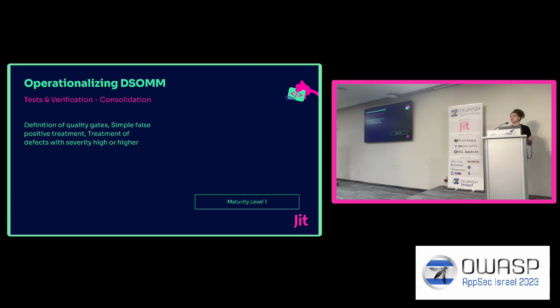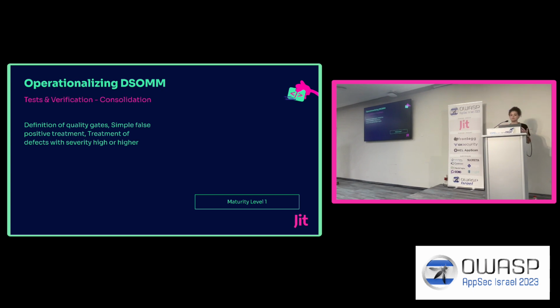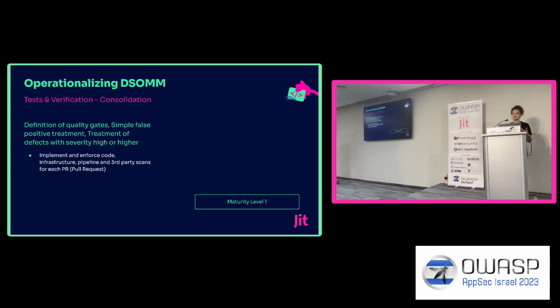The next subdimension is consolidation. Now, I really like this subdimension because it feels like it's bringing it all together. So let's look at the levels here. For maturity level 1, we have definition of quality gates, simple false positive treatment, and treatment of defects with severity high or higher. The action item here is that we need to implement and enforce code, infrastructure, pipeline, and third-party scans for each PR.